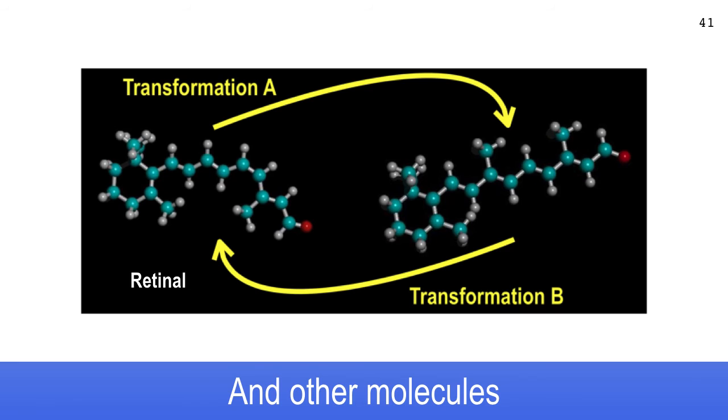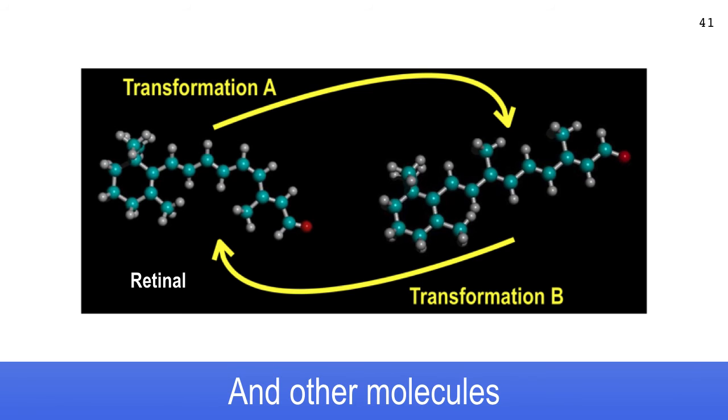Here's retinal. Retinal is the famous molecule in your retina of your eye that when it absorbs a photon in the visible range, it'll flex. It'll extend itself to a higher energy state because it absorbs the energy from that photon and folds out to this extended form on the right.